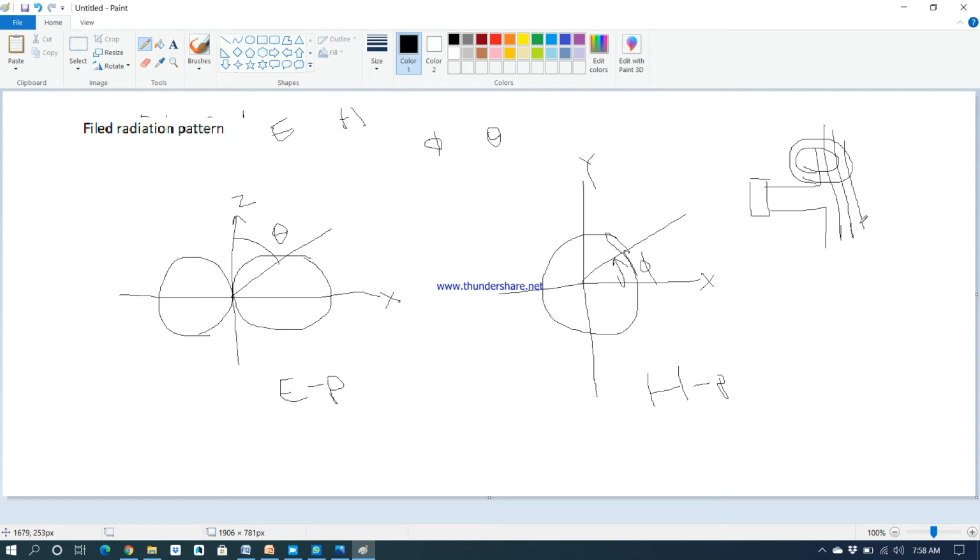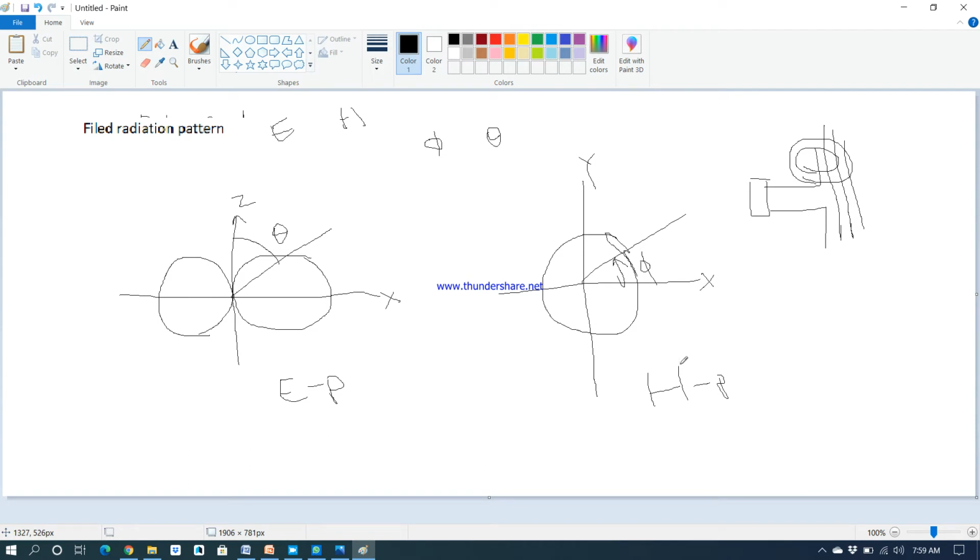So for these fields we represent two plane patterns: the E plane pattern, called the vertical pattern, and the H plane pattern, called the horizontal pattern.